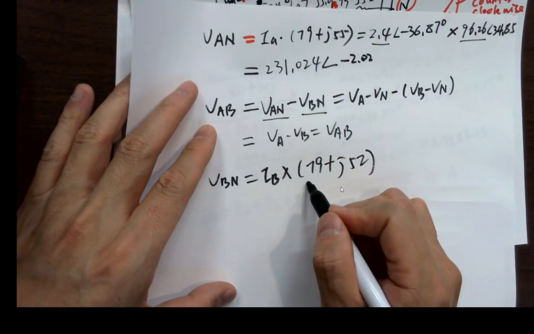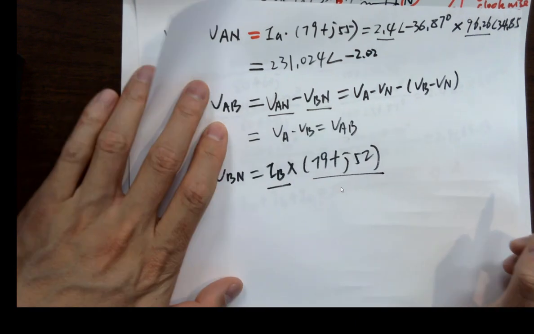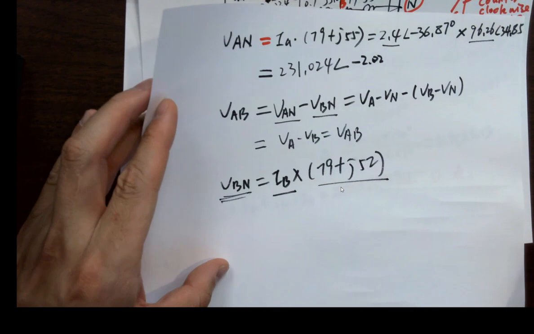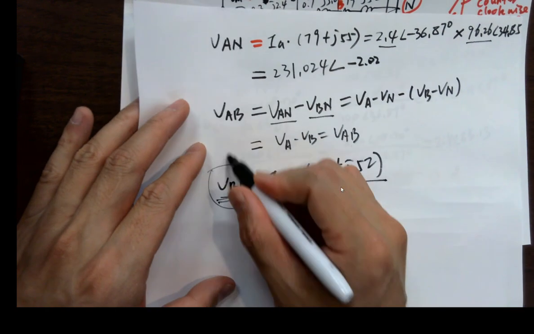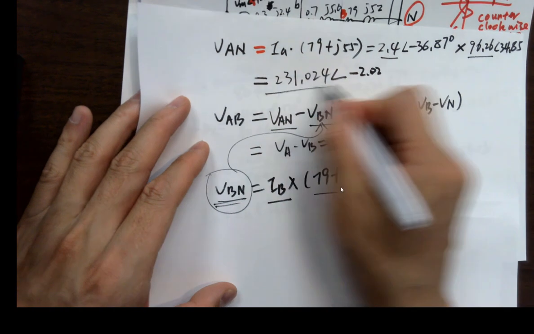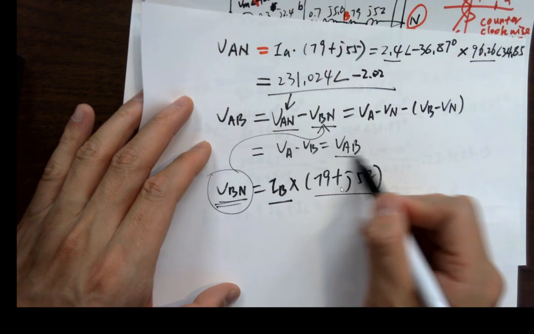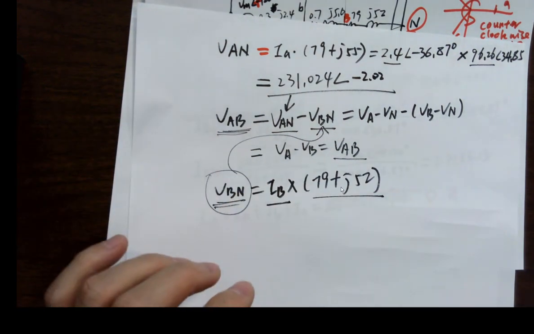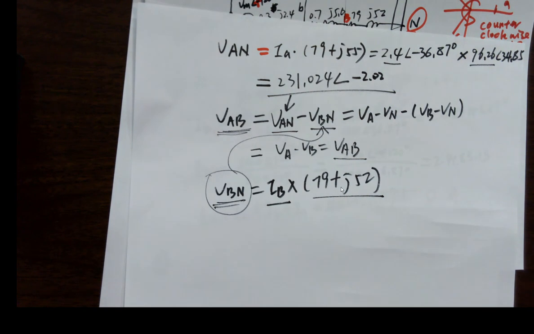Follow the same method to convert this to phasor and multiply by the current. So you can find out VBN, okay? And then plug VBN into here. And VAN is already calculated, plug into here, so you can find out VAB. Any question on this? No?